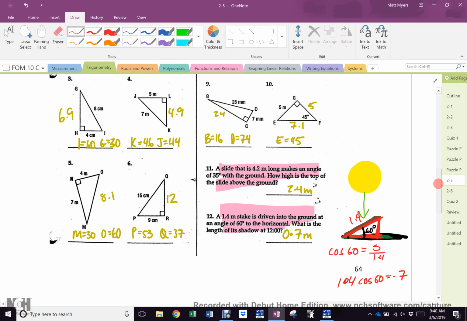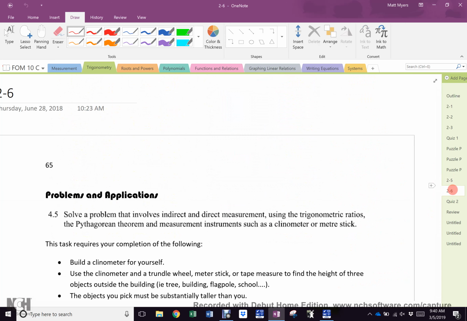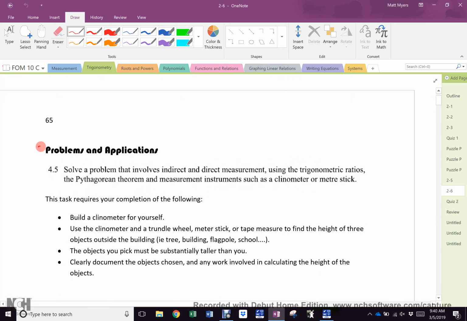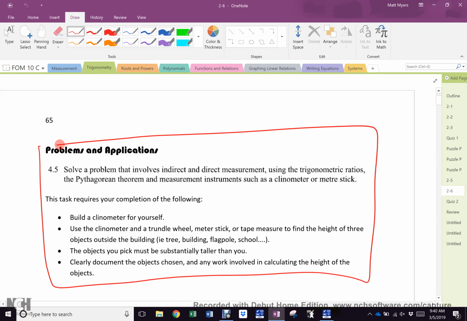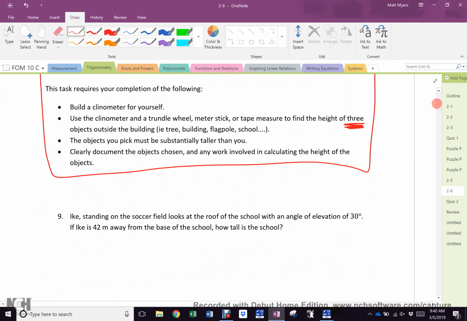So, excuse me, if you could turn the page over to page 65. This is what we did yesterday. Right here. You were supposed to find the height of 3 objects. I wrote that on the board. And you had to build the clinometer.